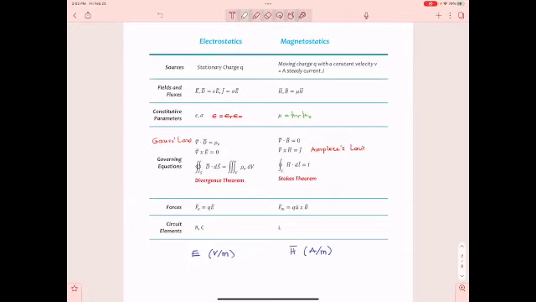And what Gauss's law tells us is that when you have a positive charge, this flow of electric field or electric energy is going to come out of the charge. And those lines that show the direction of this flow will terminate on another charge. Or they will keep going to infinity if there is no other charge.